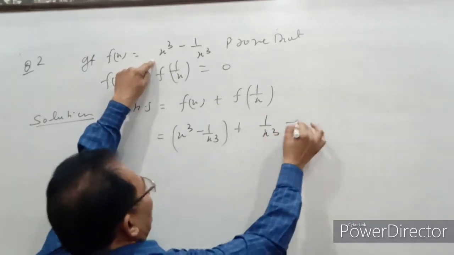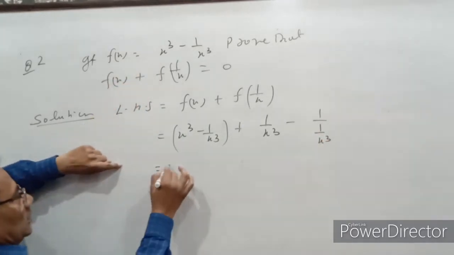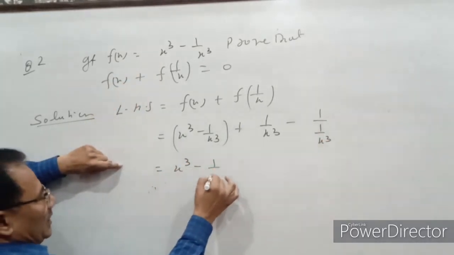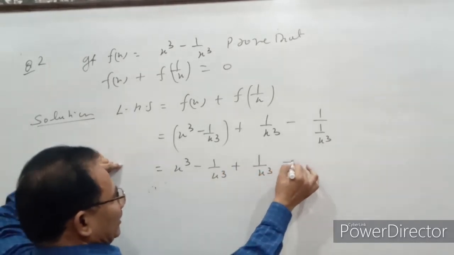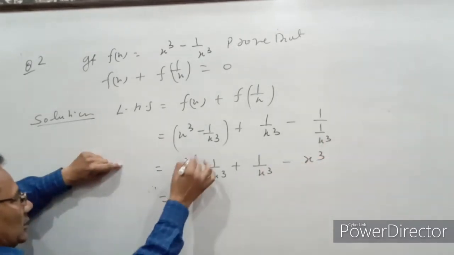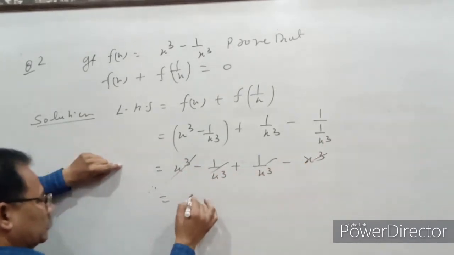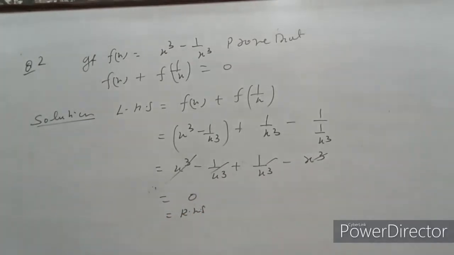So 1 by x cubed minus 1 upon 1 by x cubed, which is equal to x cubed minus 1 by x cubed plus 1 by x cubed minus x cubed, which is equal to 0, which is equal to RHS.